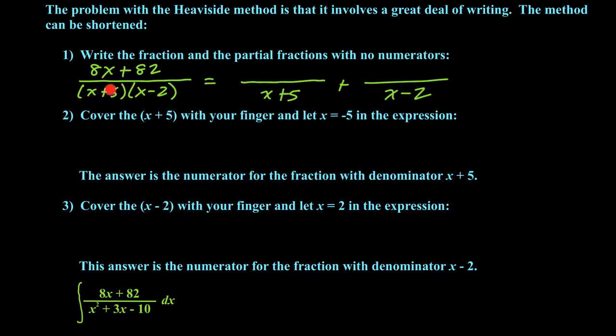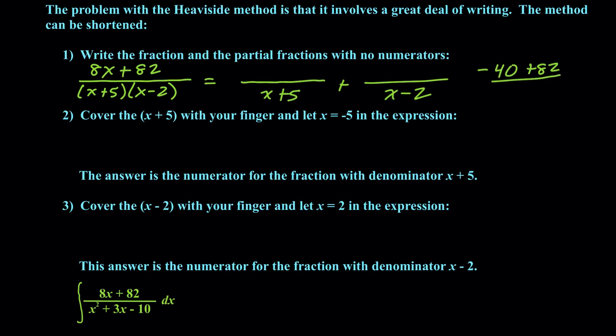All right, so we will cover this up. So imagine this parenthesis right here not being there. And we're going to let x be negative 5 in the rest of the problem. All right, so in the rest of this expression here. What we're trying to do is figure out what number is going to go up here. All right, so when x is negative 5, cover up this parenthesis. 8 times negative 5 is negative 40 plus 82.